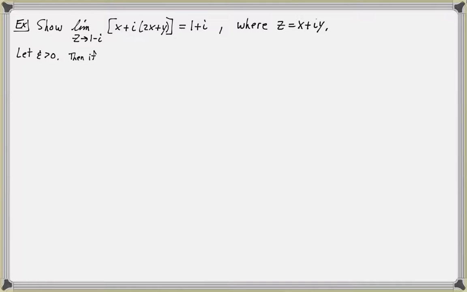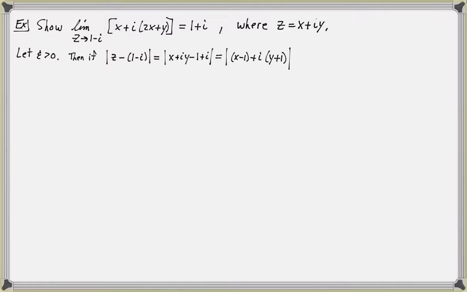So then if the distance from z to 1 minus i is less than delta, we can rewrite that as the absolute value of x plus iy minus 1 plus i. I'm going to put the real parts together, so I get x minus 1, plus i times the quantity y plus 1.